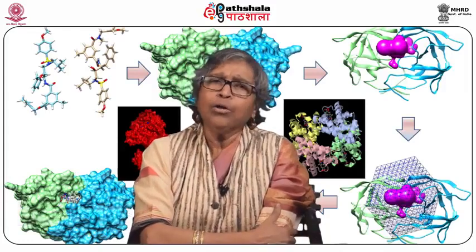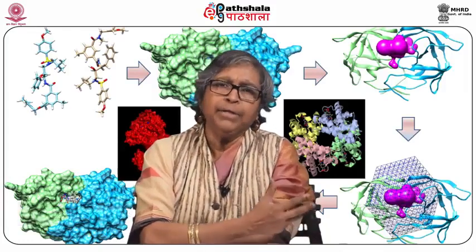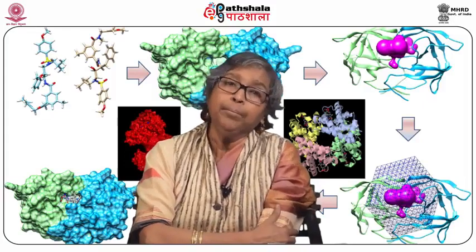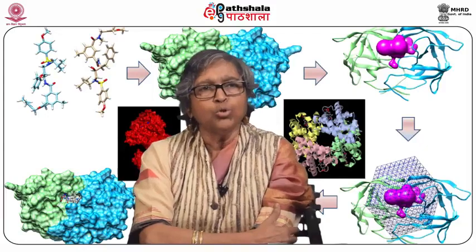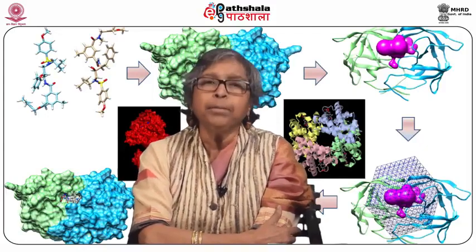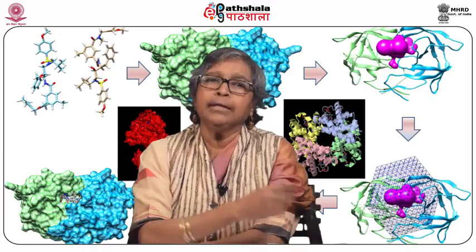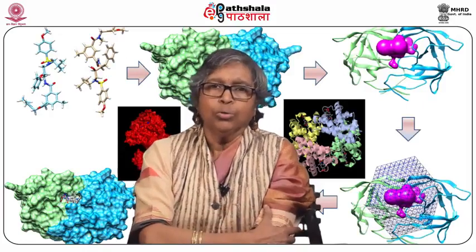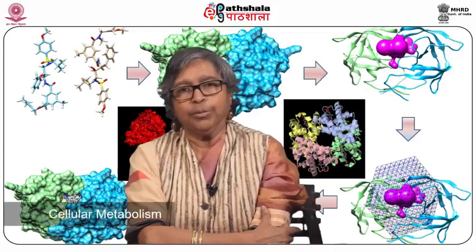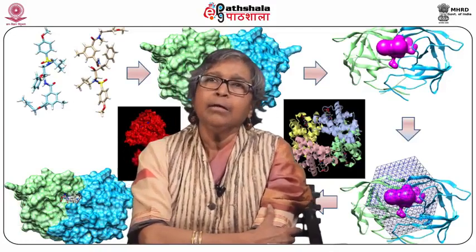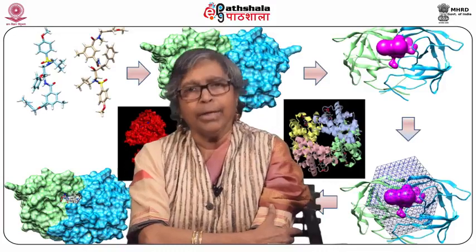Now, it may not be limited to only enzyme, DNA or carbohydrates. It can be protein-protein interaction, or maybe to stop a pathway. That means many proteins can be inhibited in the same pathway. Also, the target systems can be cellular metabolism, which includes many complex molecules together.